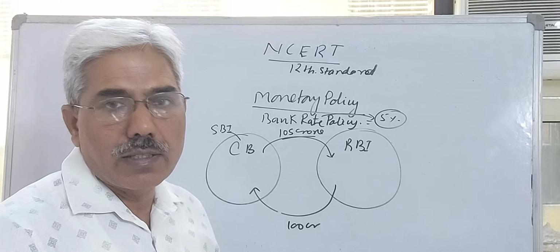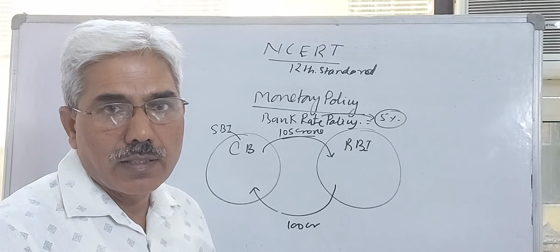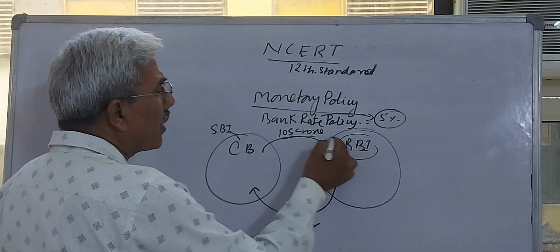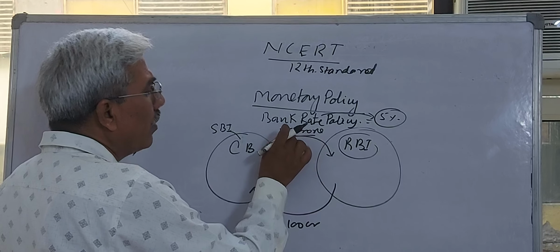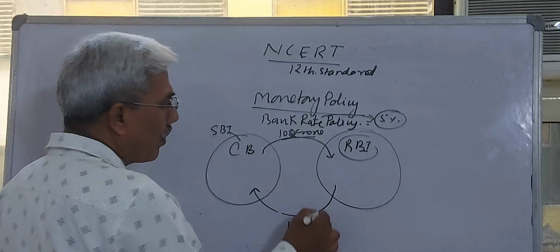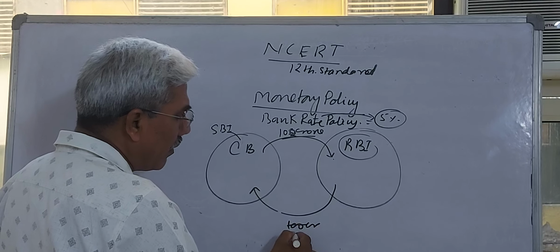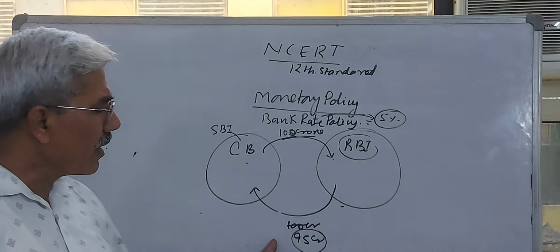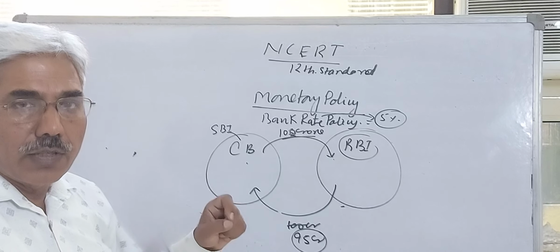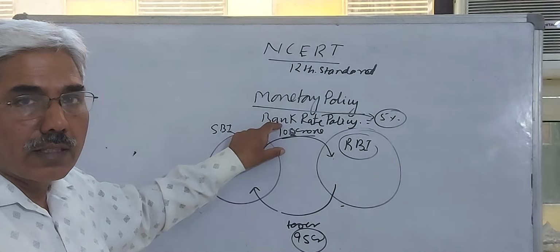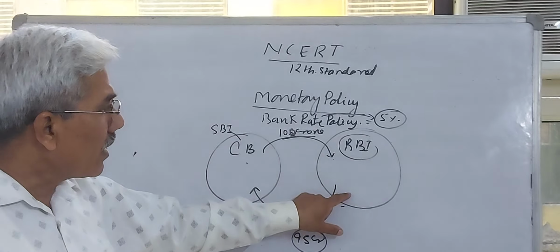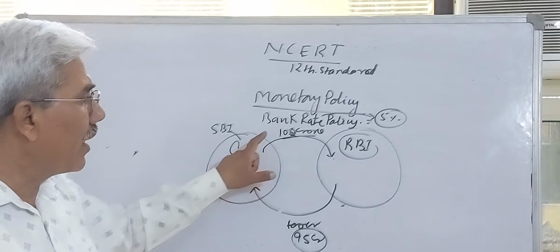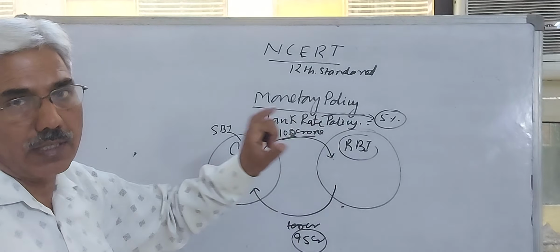Treasury bills of the Government of India, company paper, etc. Even gold. And the RBI will cut 5 crore rupees out of the 100 crore rupees which is provided, and will give only 95 crore to the commercial bank SBI. This means the first grade security cut rate or deduction rate at which the RBI provides the credit facility to the commercial bank is known as bank rate policy.